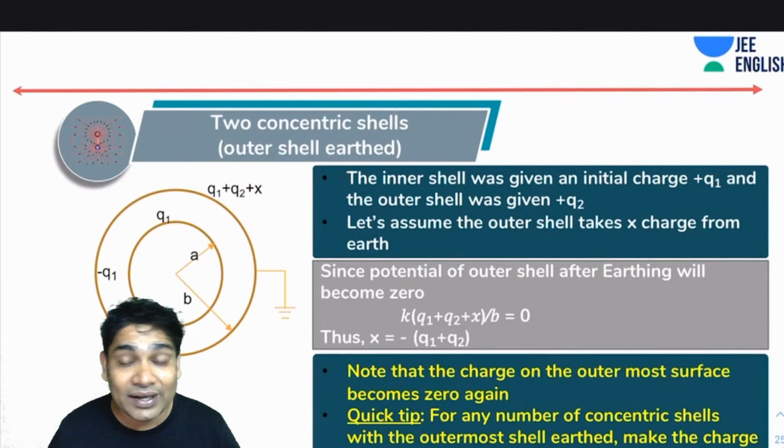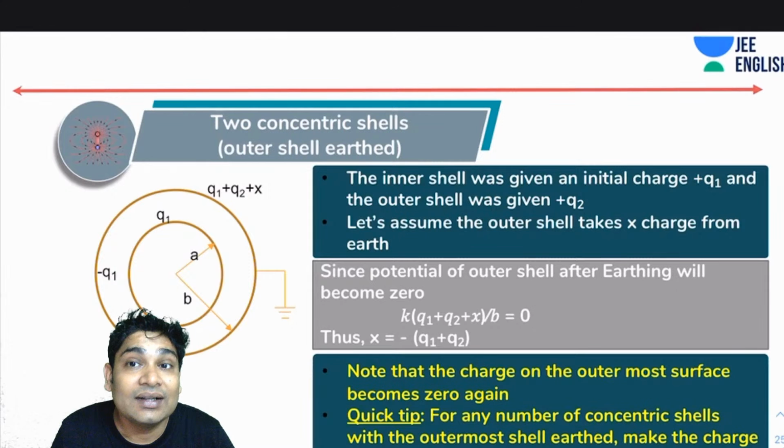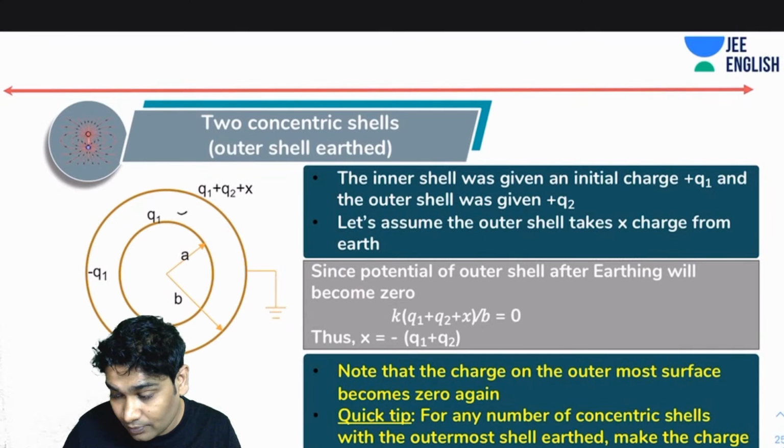So similarly, you can analyze other cases also. What happens when you have two concentric shells and the outermost shell is earthed? In this case, I've taken an example where the inner shell was given an initial charge Q1 and the outer one was given an initial charge Q2. Plus Q1 was given to the inner shell, so all its plus Q1 would come here.